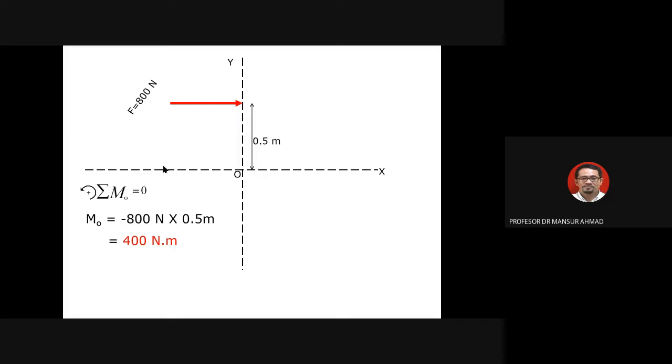Just take note, misalnya negatif ke depan ya. So negative moment of 400 Newton meter, meaning that you are loosening up, macam tadi bolt saya bayangkan lah, ya, or it's anti-clockwise. Okay, so if you don't have any question before I proceed and finish this class quickly?